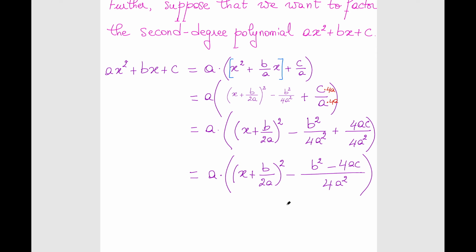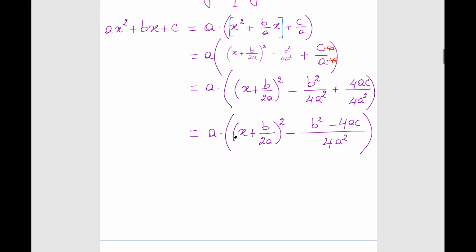All right. And now I want to ask you to focus on this entire factor here, except for the a. I'm talking about everything else. So the structure here looks like t squared minus, let's call this whole thing u, and downstairs 4a squared.